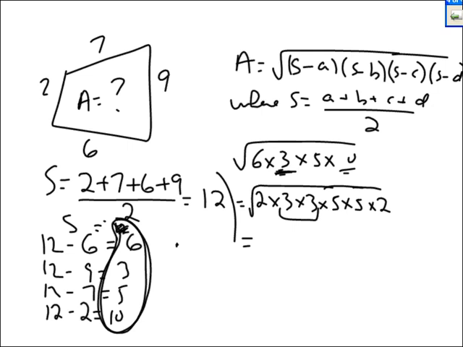The square root of 3 times 3, the square root of 9 is 3, times the square root of 5 times 5 is 5, times the square root of 2 times 2 is 2. And when I multiply those numbers, I get 30. 5 times 2 is 10, times 3 is 30.